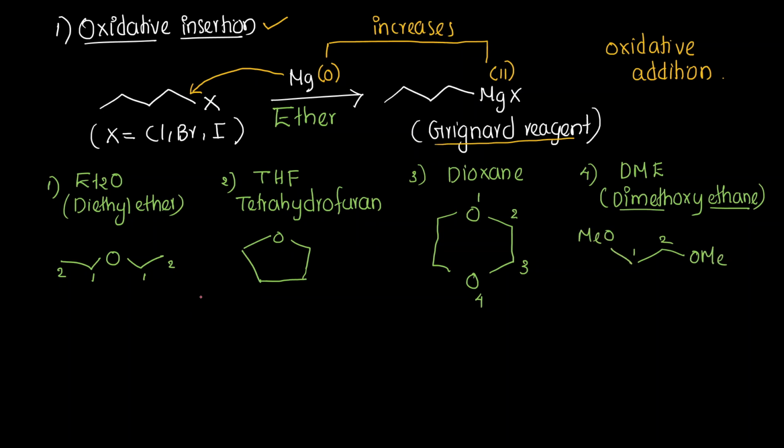The reason why we need ether as the solvent is because in the Grignard reagent, the magnesium is in +2 oxidation state, and this is more stable than the zero oxidation state. But magnesium prefers a tetrahedral geometry.